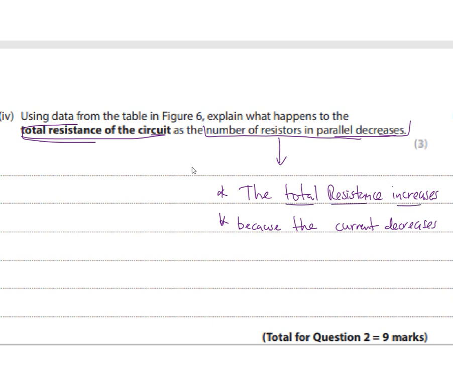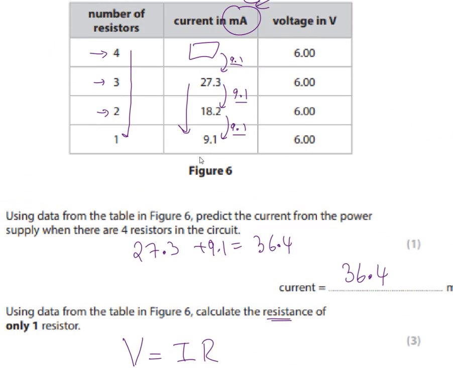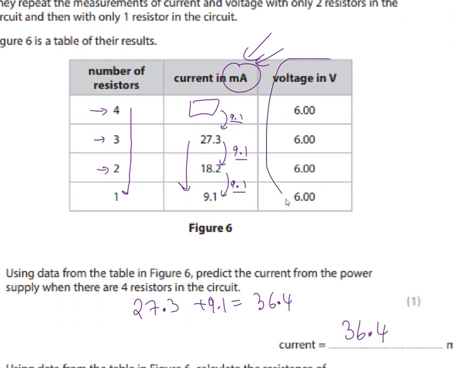So resistance needs to go up, R needs to go up, and then current goes down. And the last mark we get when we say the voltage is the same. You can see, look, 3 marks, 3 bullet points. And look at the voltage, the voltage staying the same.